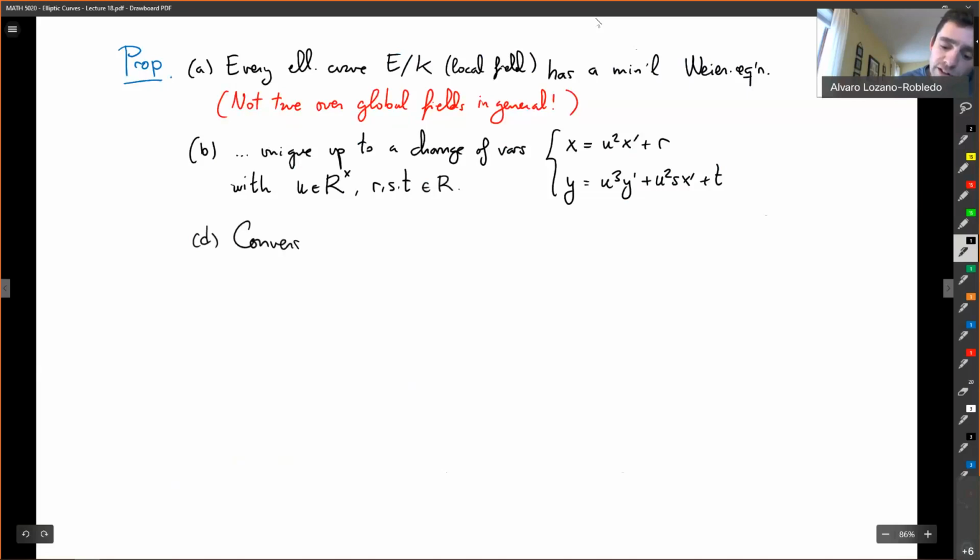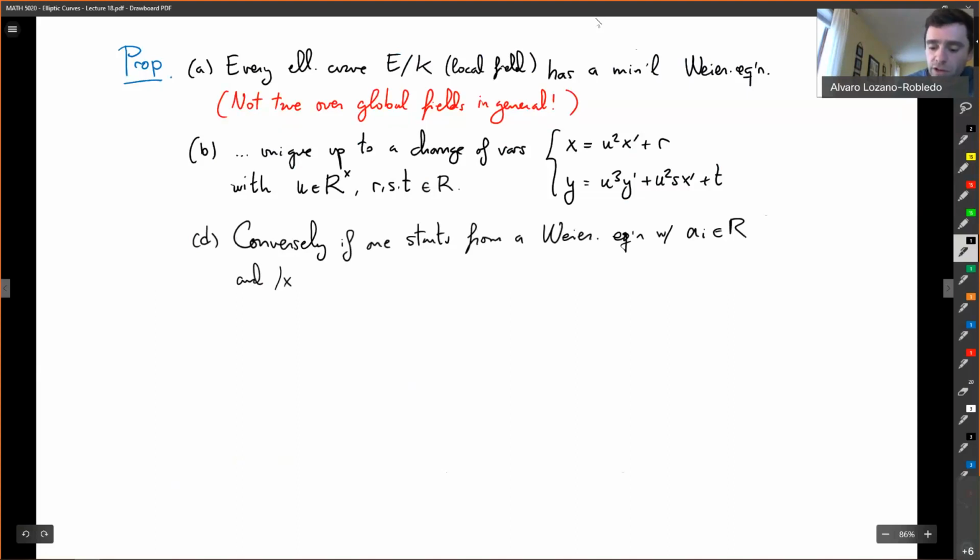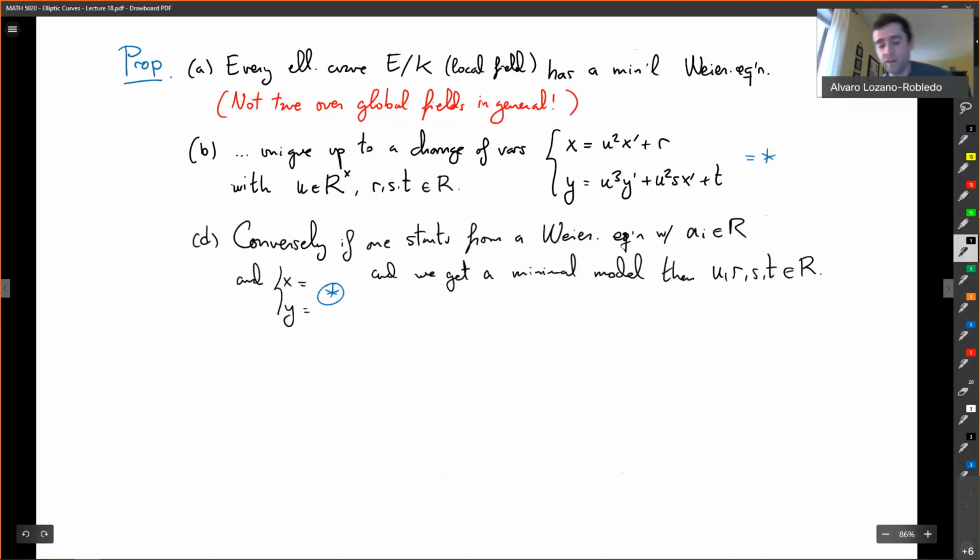So this says that conversely, if one starts from a Weierstrass equation with coefficients in the ring of integers, and we apply a change of variables like before, let's call this change of variables this, and we get a minimal model after we change variables, then the change of variables must have been defined over the ring of integers.